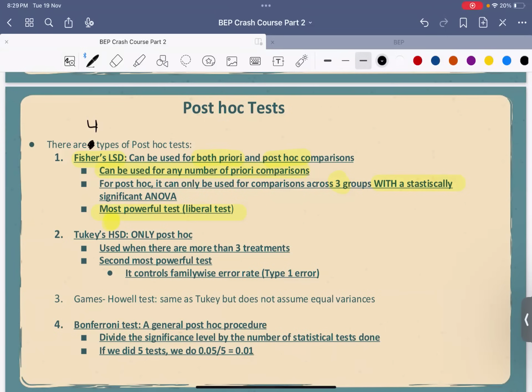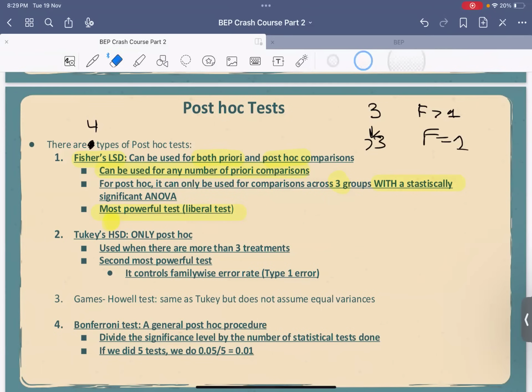If they bring you ANOVA comparing 3 groups with a significant F value, pick Fisher LSD straight away without even reading the other options, because it's the most powerful and we always try to use it, unless we can't. And we can't if we're comparing more than 3 groups, or if the F value is not significant, because these are the 2 cases in which we cannot use Fisher LSD post hoc.